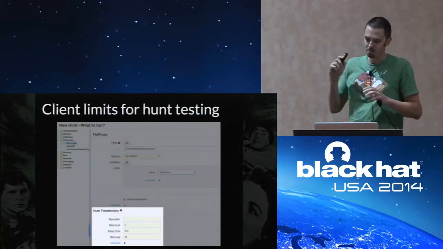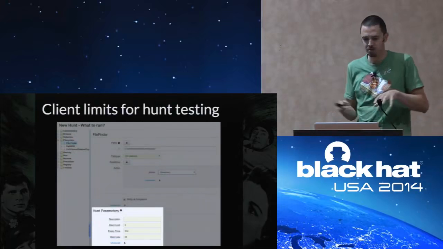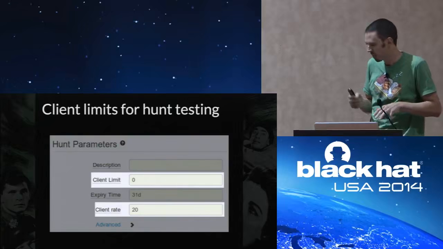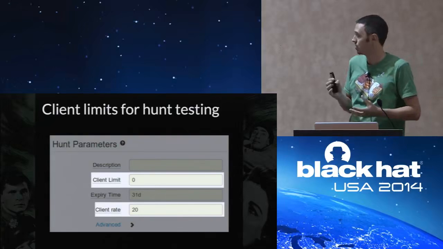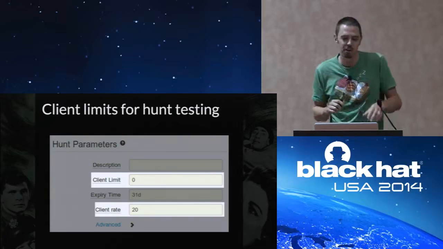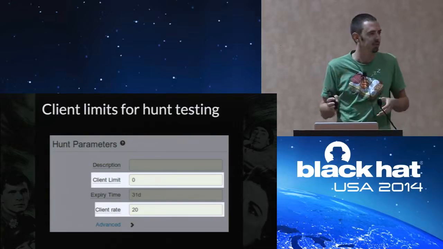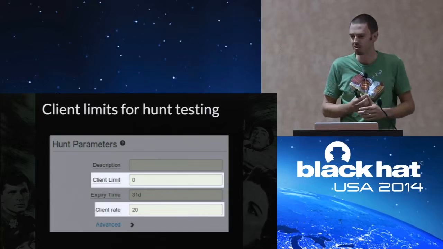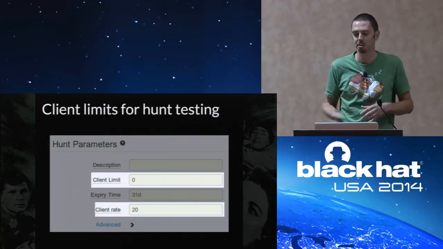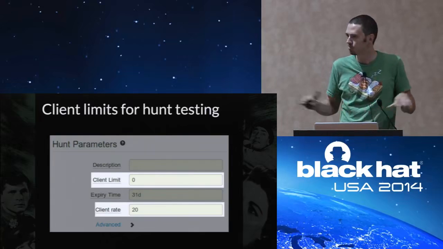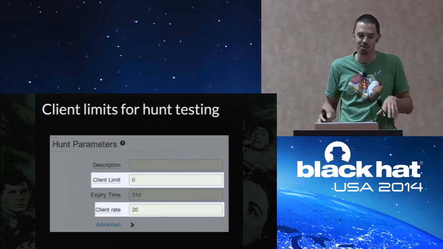Practically, if you do a big collection like this, you can use the client limits to make it work. We use this client limit here, which says for the hunt, only run on X number of machines. We might run it on 10 machines, say, for something that's really intensive, and we'll seed that database with like 80% of the common files. All the files that are common across System32, most versions of Windows will probably get.